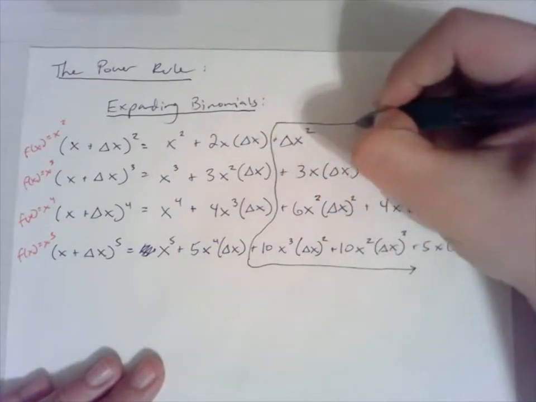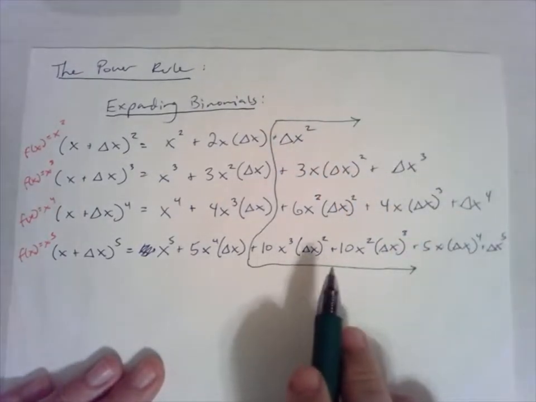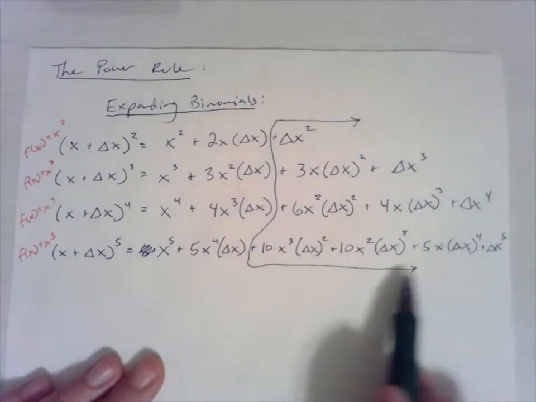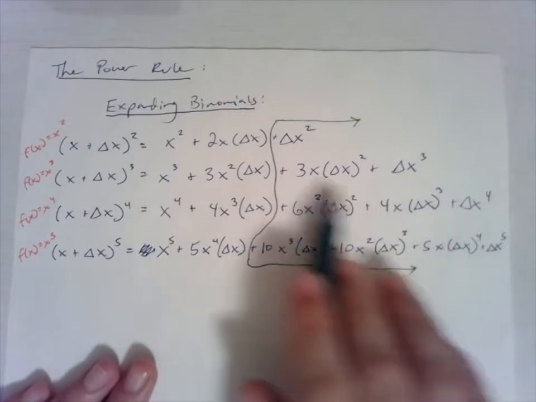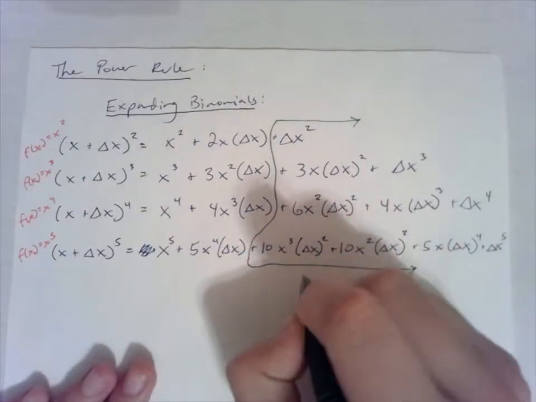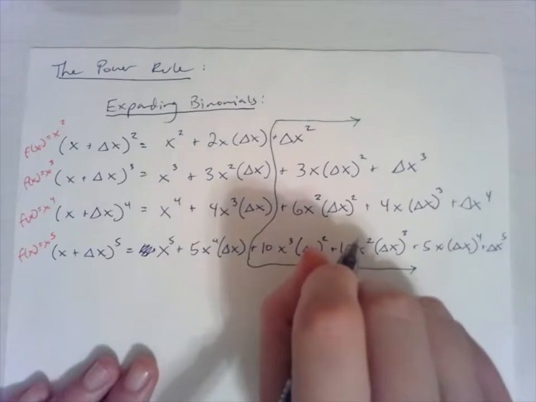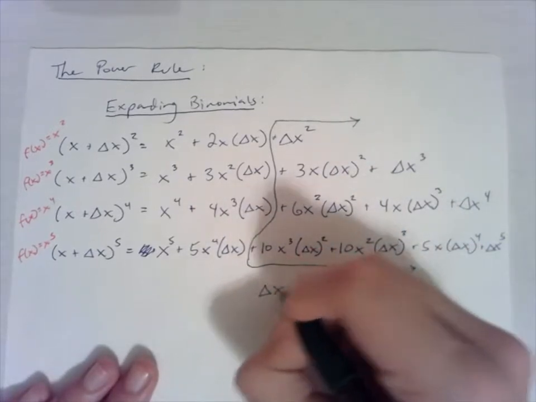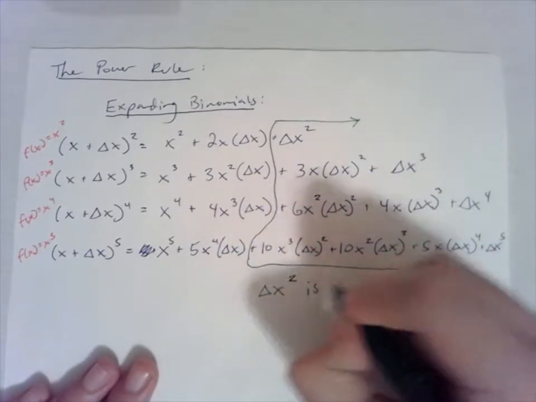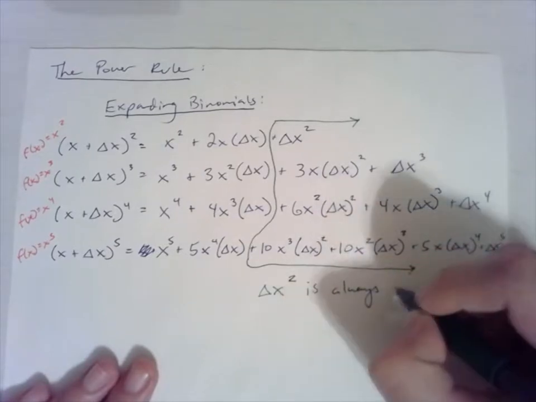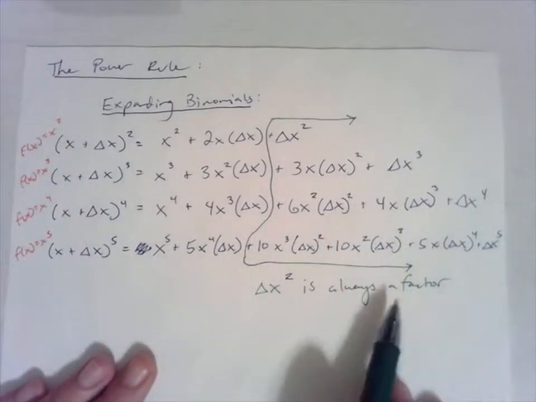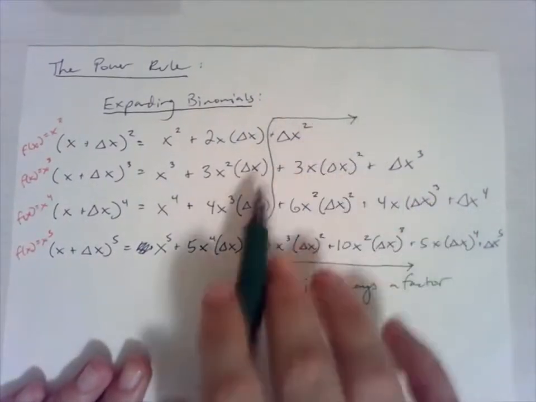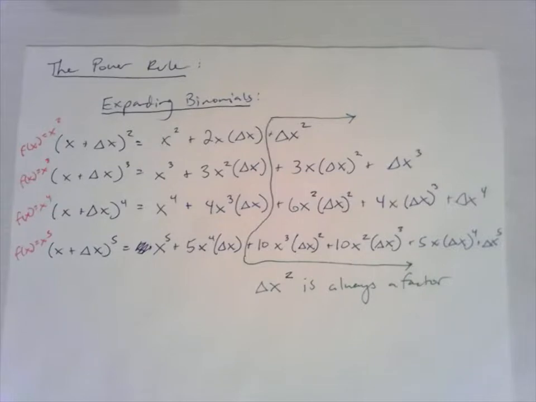Past this little section I've sectioned off here in green, every single term has a change of x squared. It's always a factor, correct? If you look at every one of these, they all have at least a change of x squared, every single one. And that's going to happen with every binomial expansion.